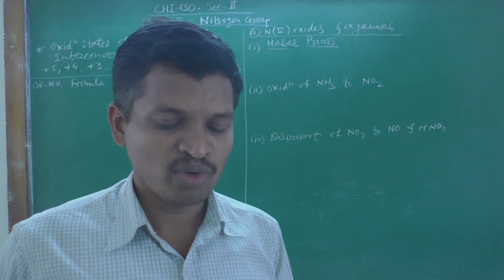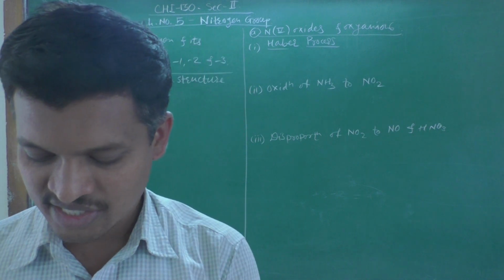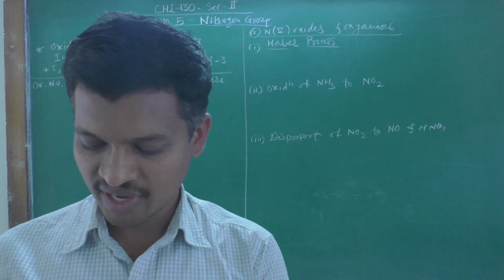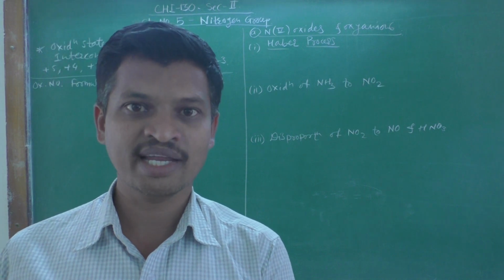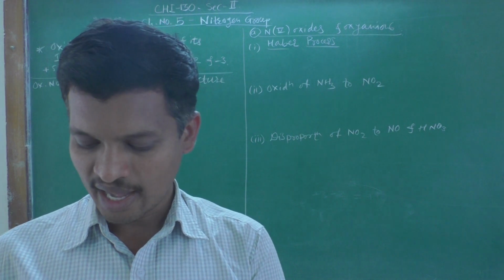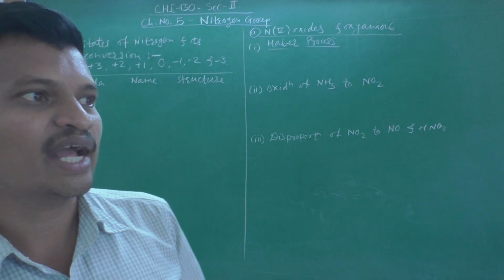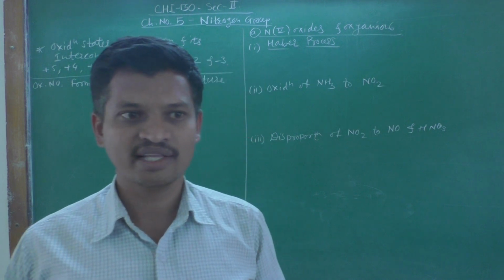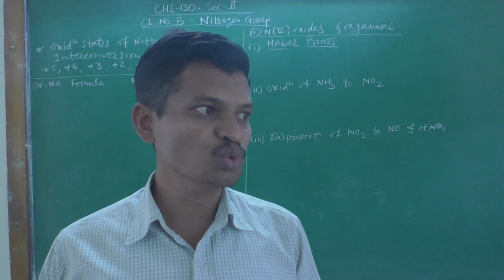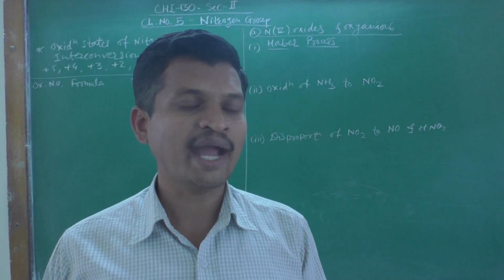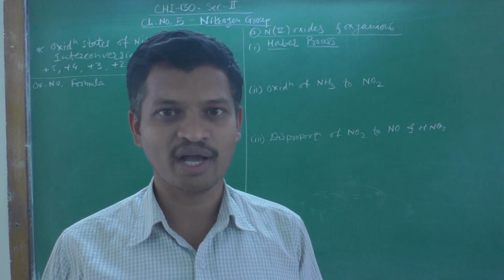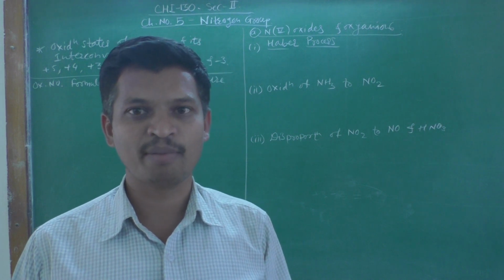So, we know that nitrogen exists in nature in a very inert form, that is dinitrogen gas, N2 gas, and we have also seen how that N2 gas is activated, that is nitrogen activation, to the active form, that is ammonia, by the well known Haber process.